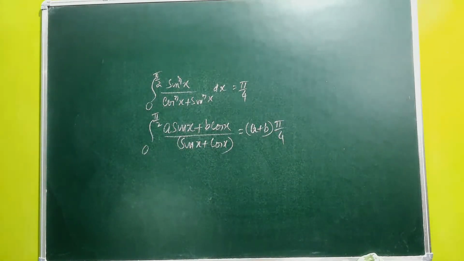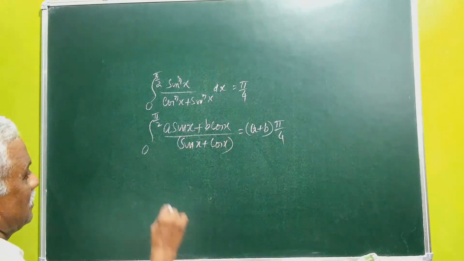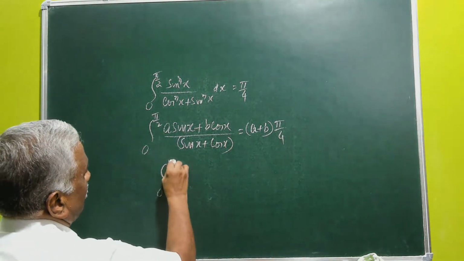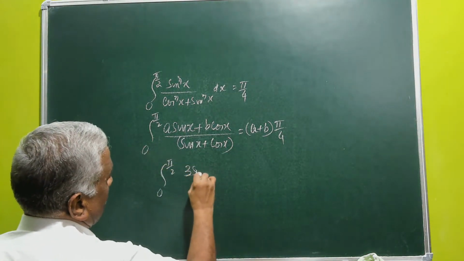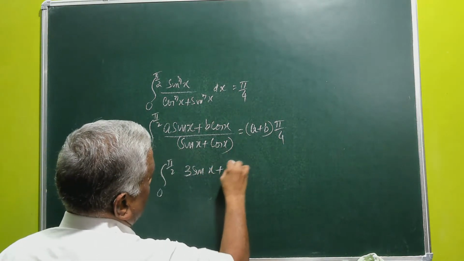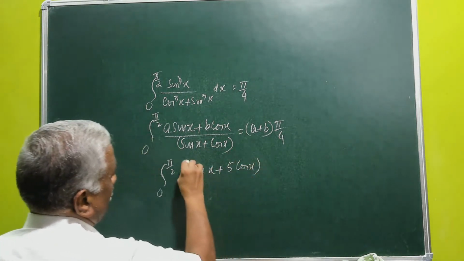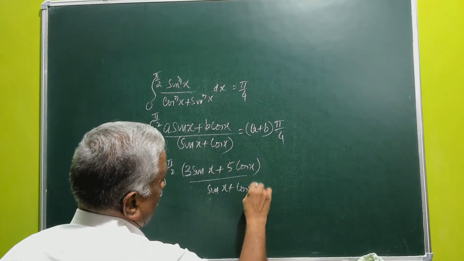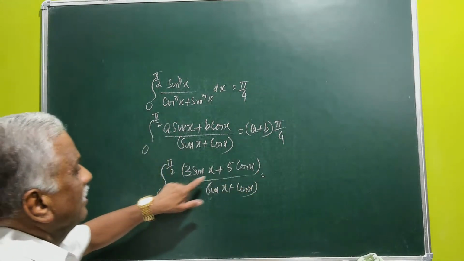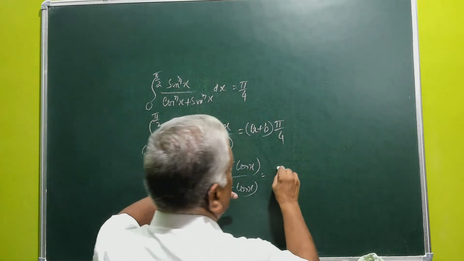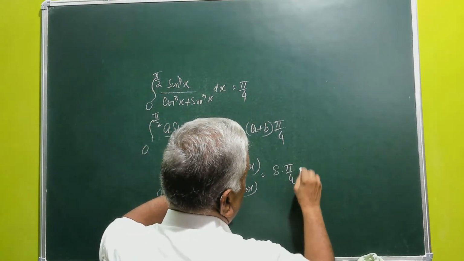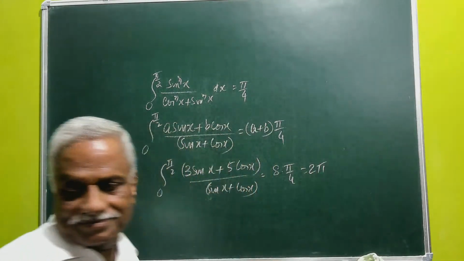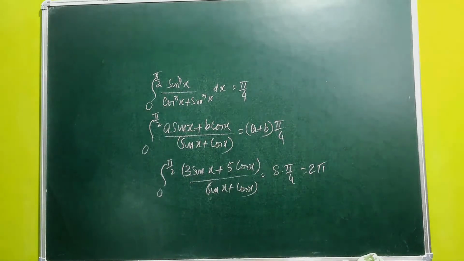So what is the answer for this now? 0 to pi by 2, 3 sin x plus 5 cos x over sin x plus cos x. If you remember this answer, a plus b is 8. So 8 into pi by 4, the answer is 2 pi. Immediately we can take the answer.